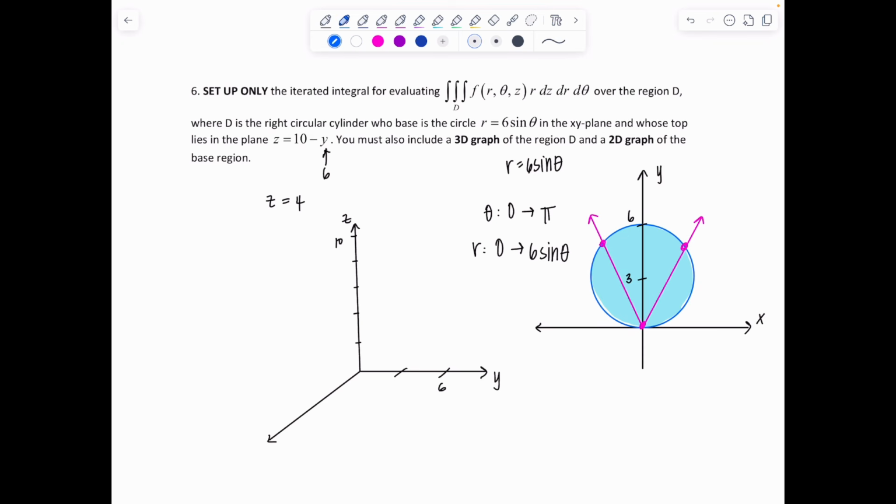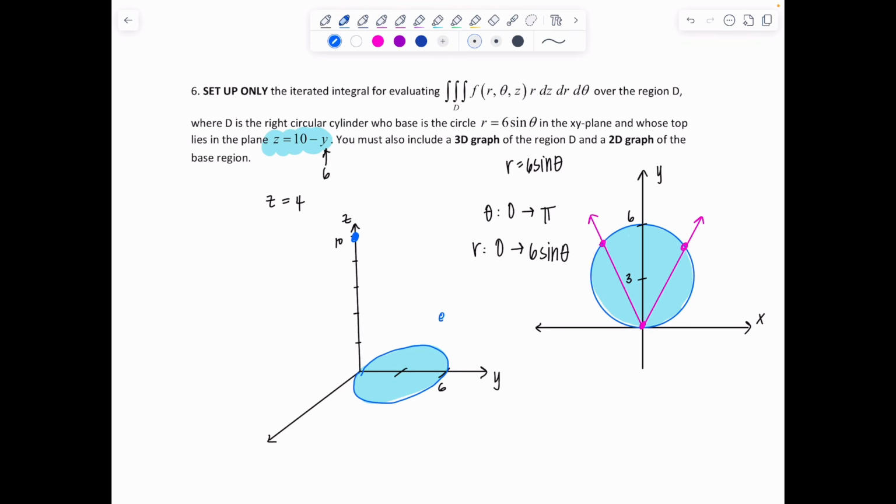Let me draw the base first. Something like this. Try to make a little perspective. And then I'm going to draw the plane now, z equals 10 minus y. If y is 0 and x is 0, it's going to hit the z-axis at 10. And when I'm all the way over here at y equals 6, if I substitute in 6, I get z equals 4.